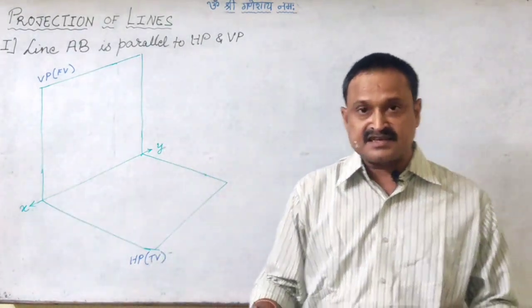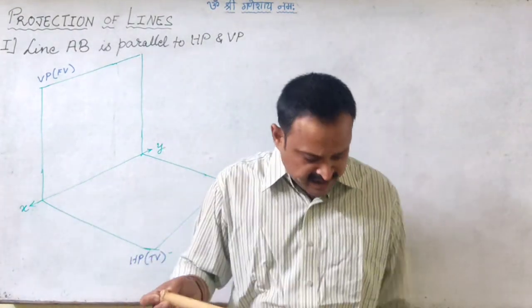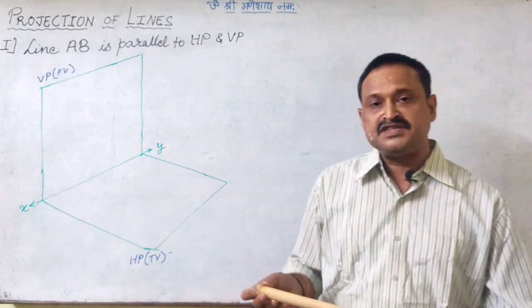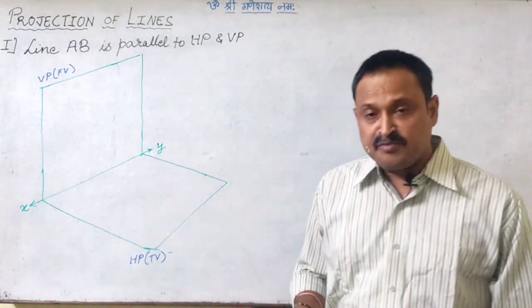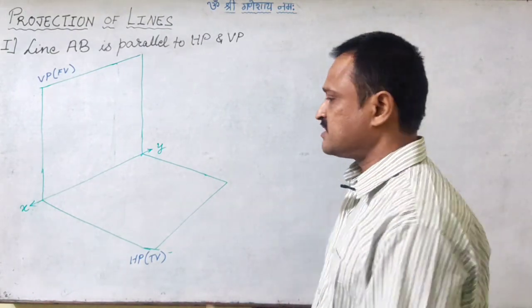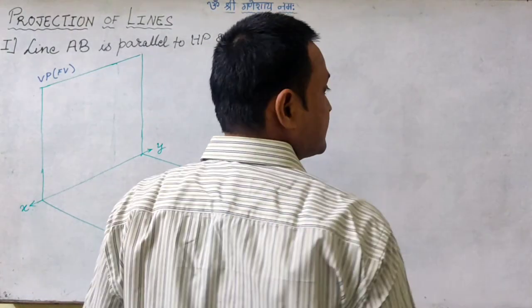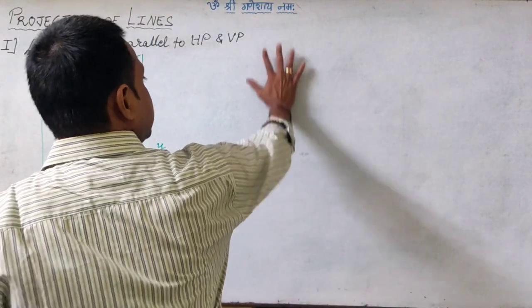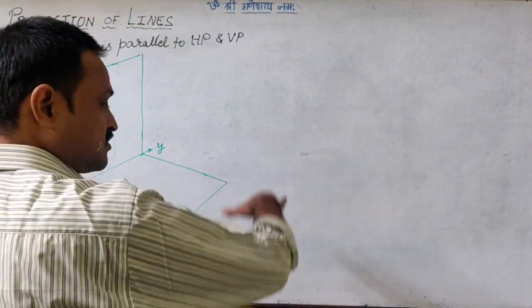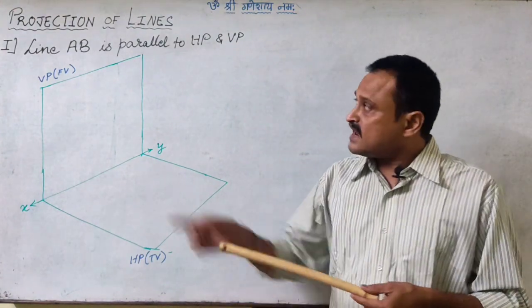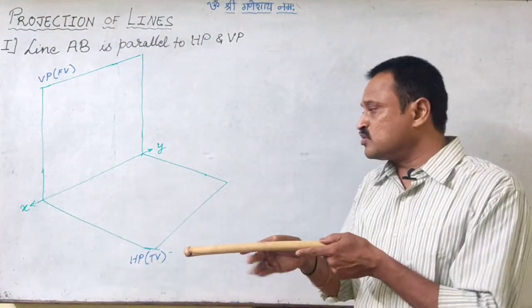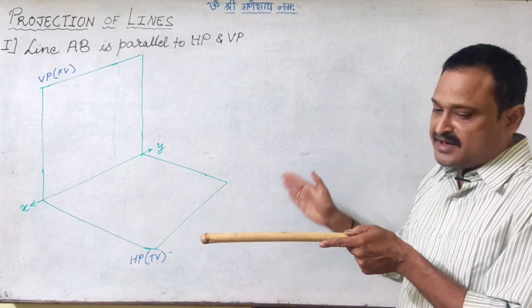So let us consider this as a line, right? This is the line which is in the first quadrant. Assuming me as an observer in the first quadrant, the vertical plane is this board and the horizontal plane is the floor. It is said that the line is parallel to both HP and VP.